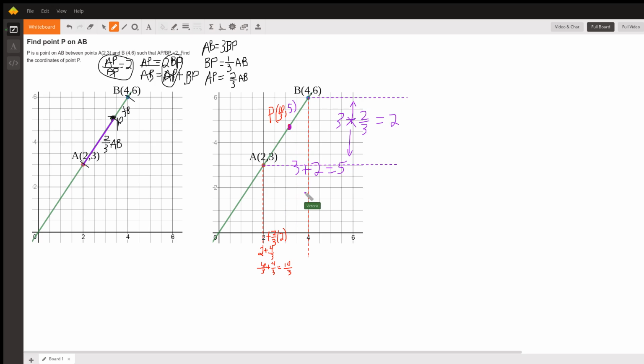Now, here's what we need to do to check. I know that AP over BP should be 2. So, if I find the length of AP first, it's going to be the square root of 10/3 minus 2 squared plus 5 minus 3 squared.